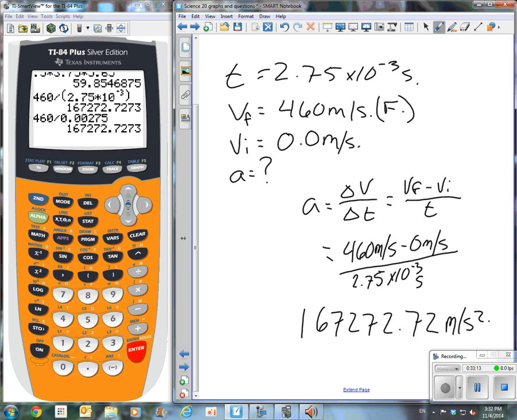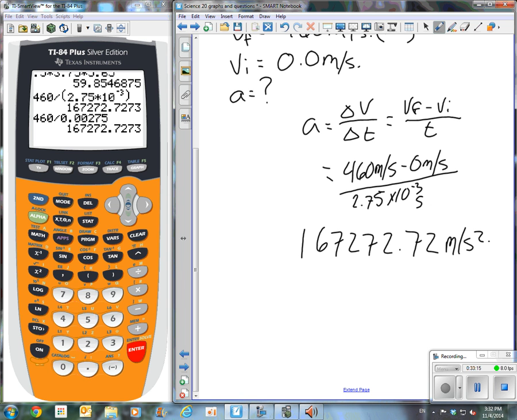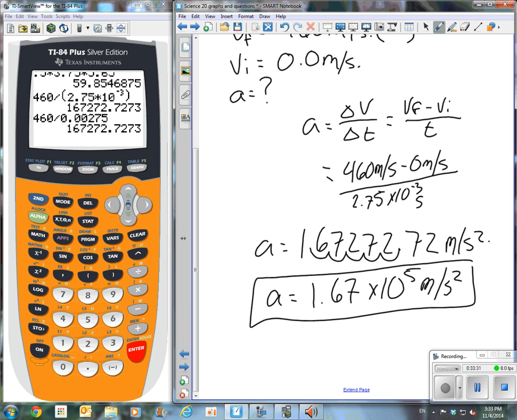I've got 3 significant digits, so I need to report this in 3 significant figures. So acceleration is 1.67 times 10 to the 5 meters per second squared is my answer. And that would obviously be, sorry, forward, wherever the gun is pointing.